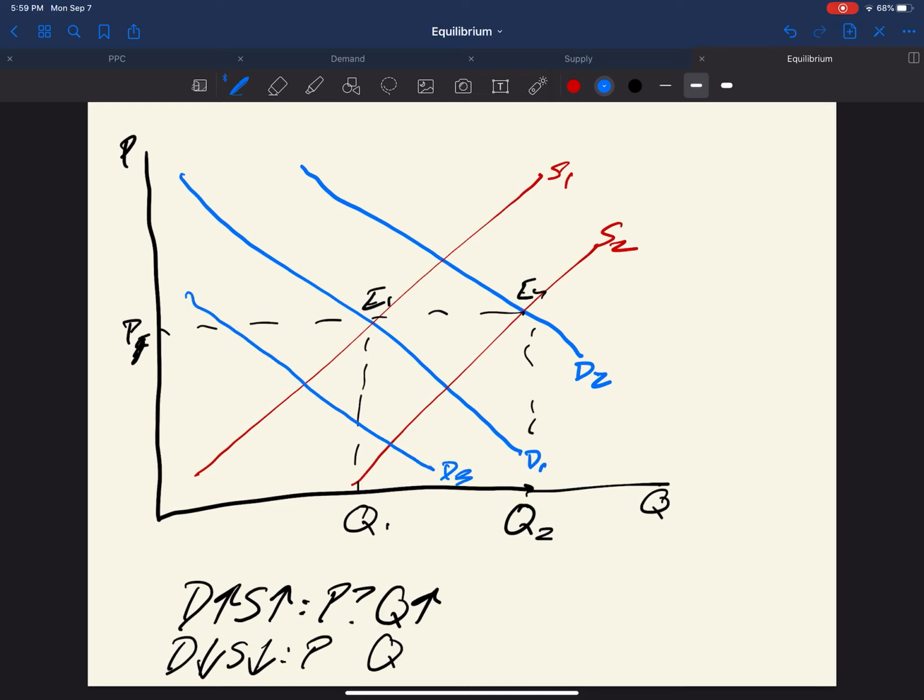Demand is decreasing here from D1 to D3, and supply is decreasing from S1 to S3. Drawing in the ant trail, we get the third quantity. Quantity decreases, but we still have no idea what price is because we don't know which shift is bigger between demand and supply. So this is indeterminate.